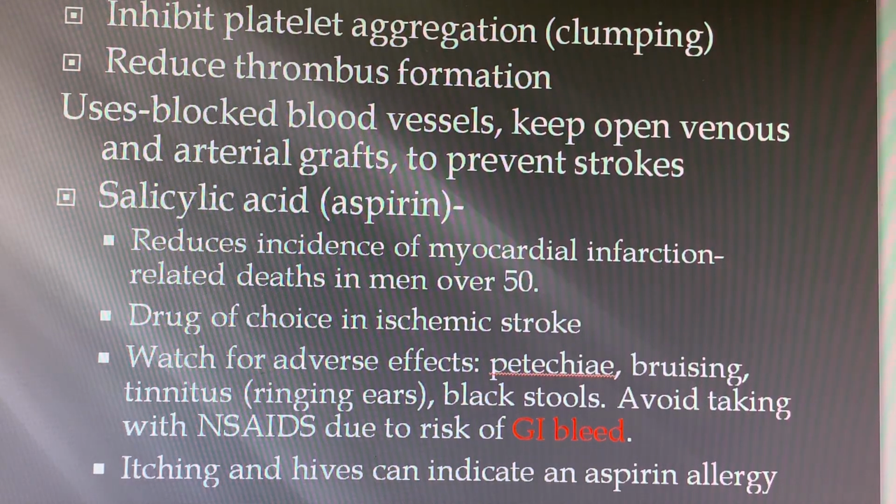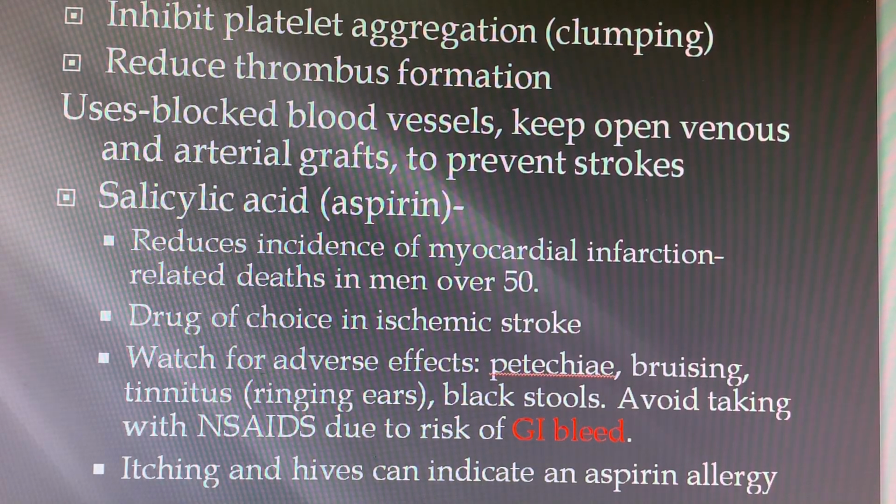It's always important when you're dealing with aspirin to watch for the adverse effects. Sometimes a person will bruise very easily. They'll have petechiae, which are little pinpoint hemorrhages. Tinnitus, the ears will ring. Sometimes that's the first sign of there being too much aspirin in the blood.